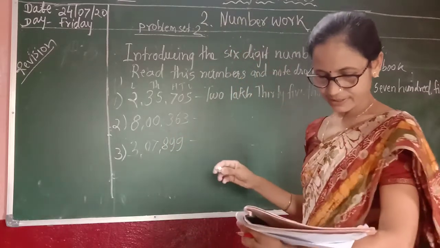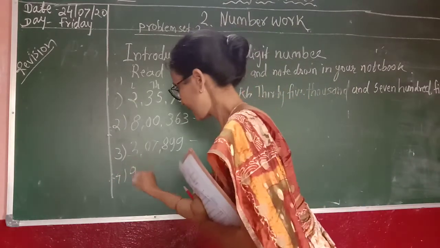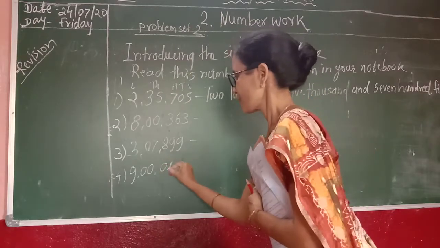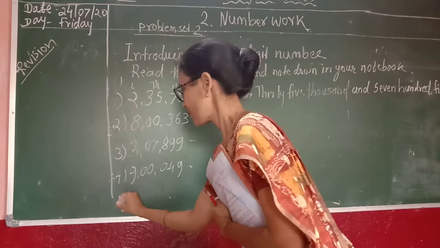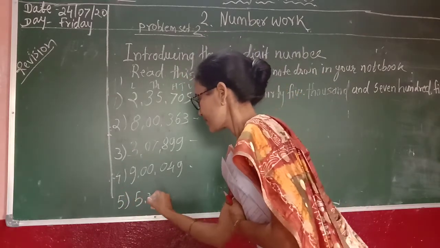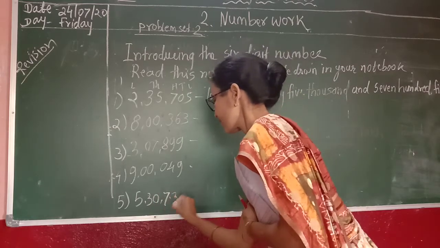And fourth number is 9,00,049. And last, fifth number is 5,50,725.